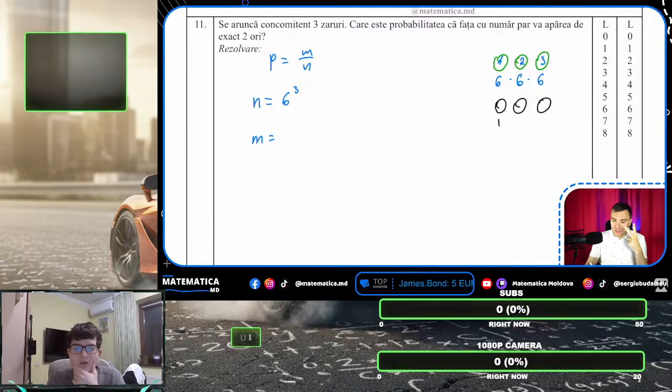If I went with what I said, 6 factorial times 3, 2 times 3 times 4, let me see. No way it's correct. Calculator. So 36 times 6, that's 216. So that's 6 to the power of 3.